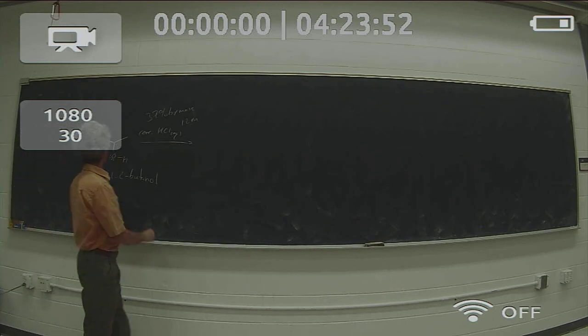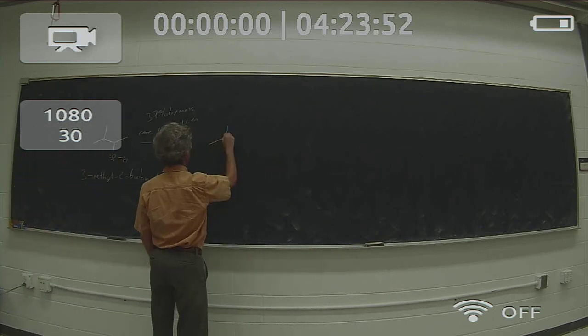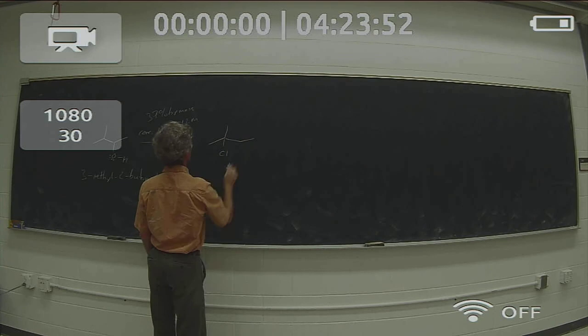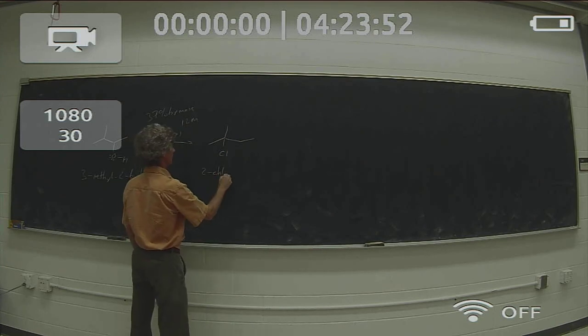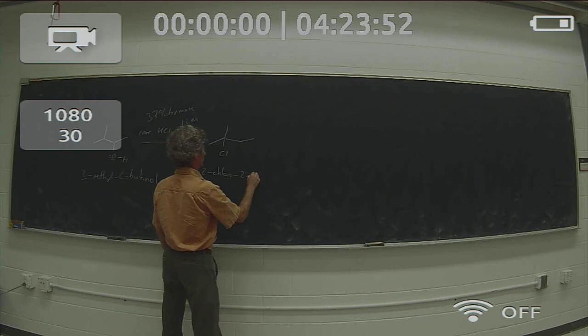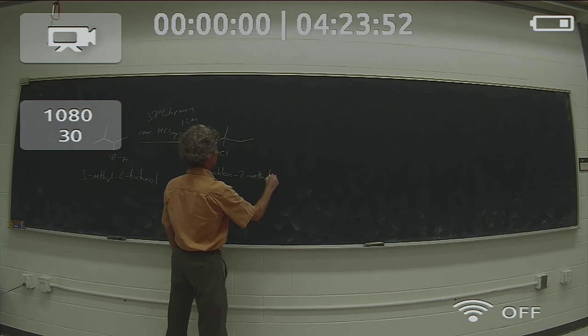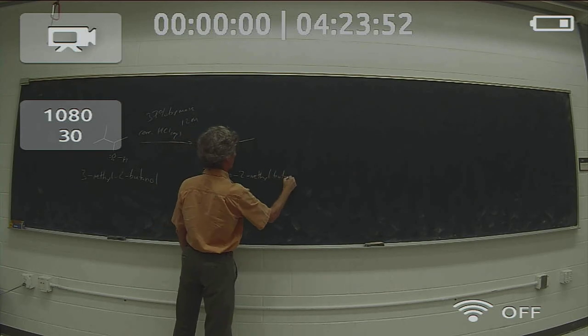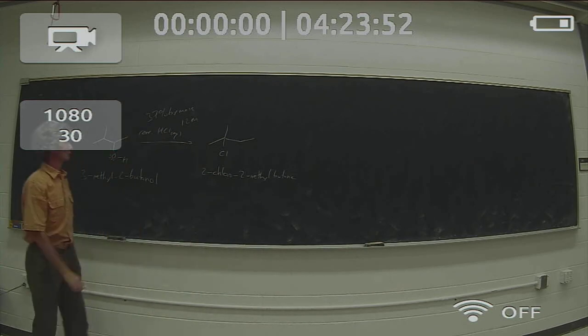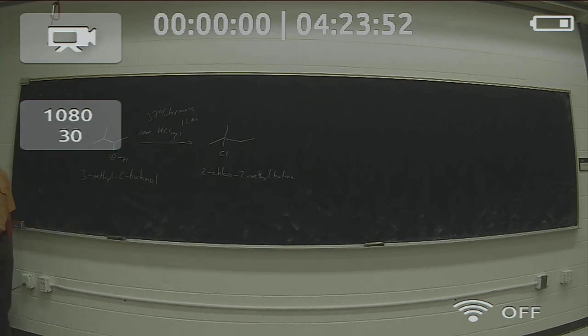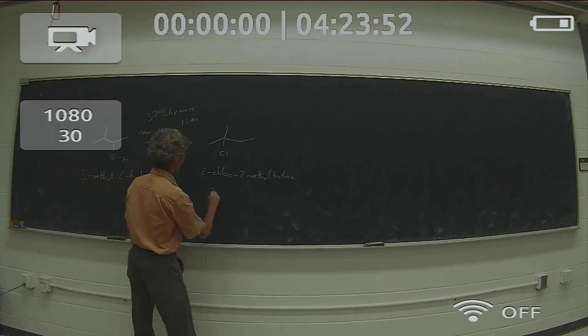As it turns out, what we really get is 2-chloro-2-methylbutane. We don't get a secondary alkyl chloride, we get a tertiary alkyl chloride.